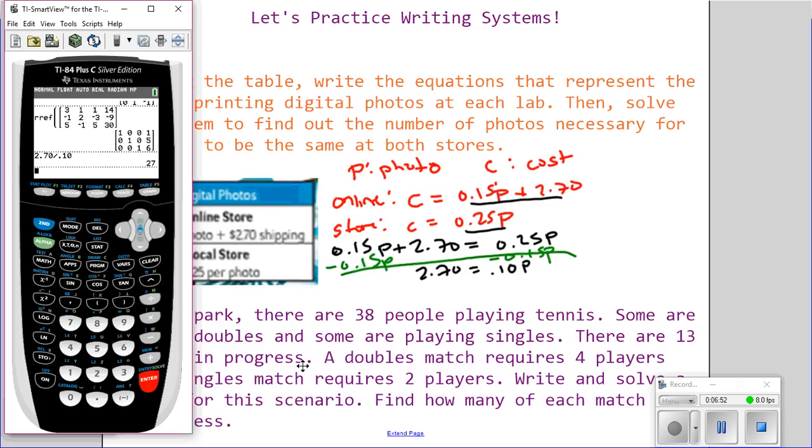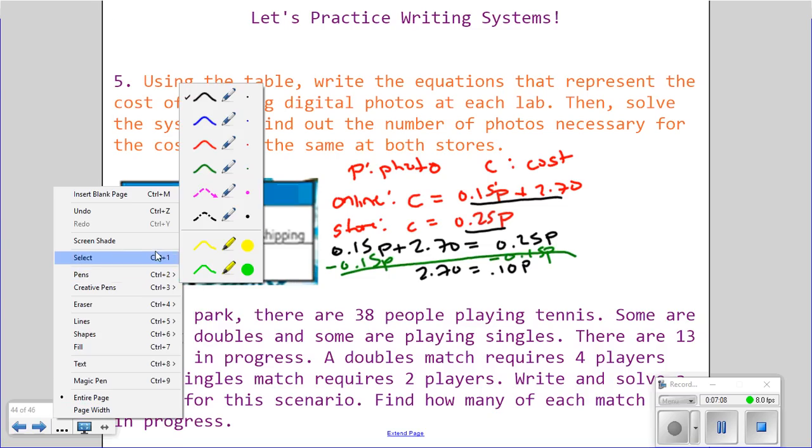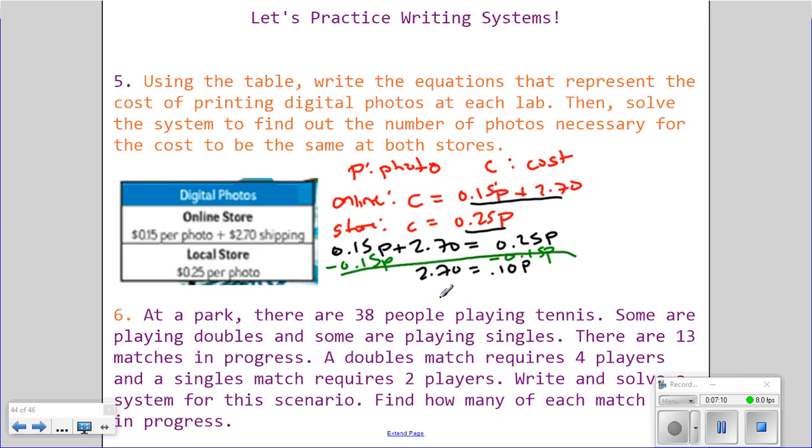So in other words, it requires 27 photos before the cost is the same, no matter if you get it online or at the store. So 27 is equal to P. So again, it's 27 photos before the cost is the same.